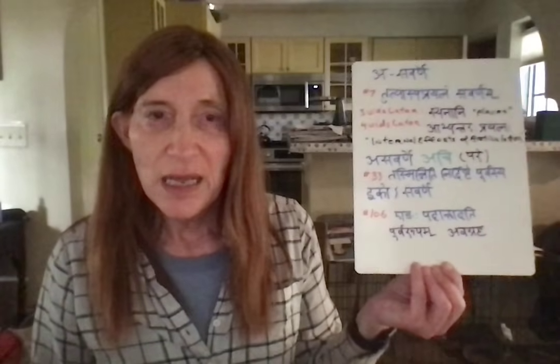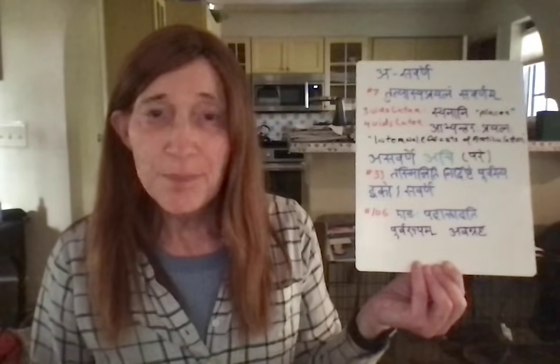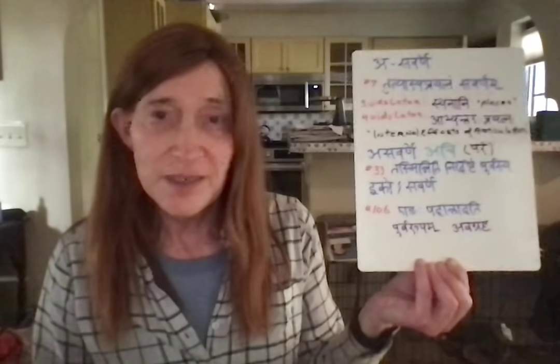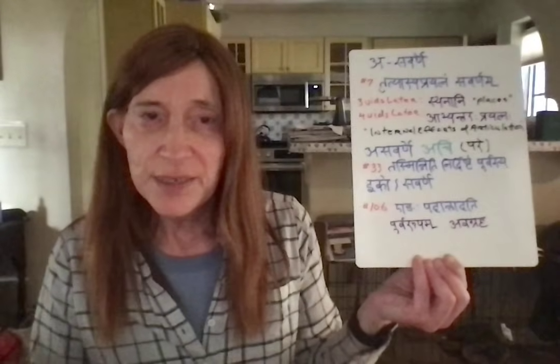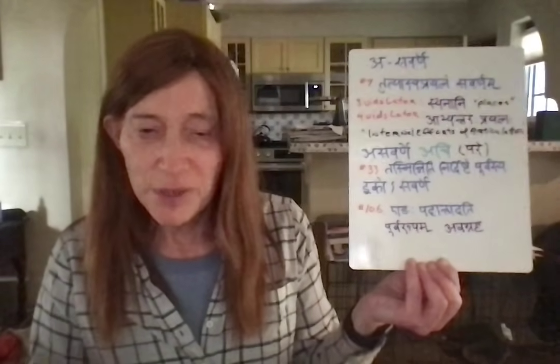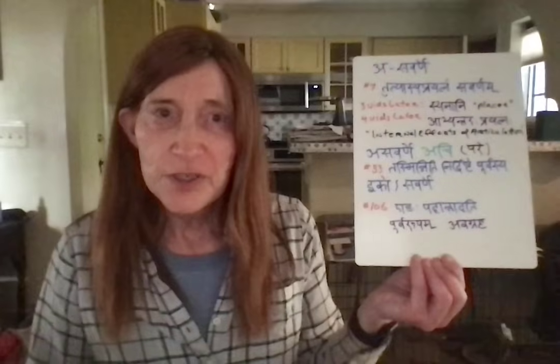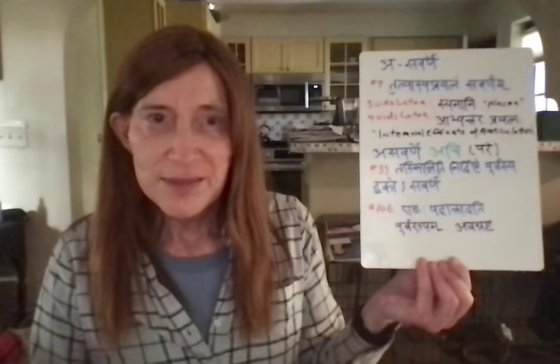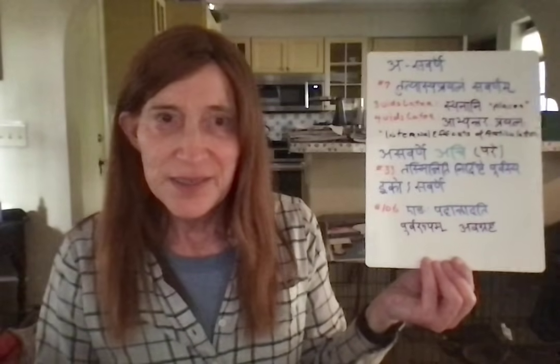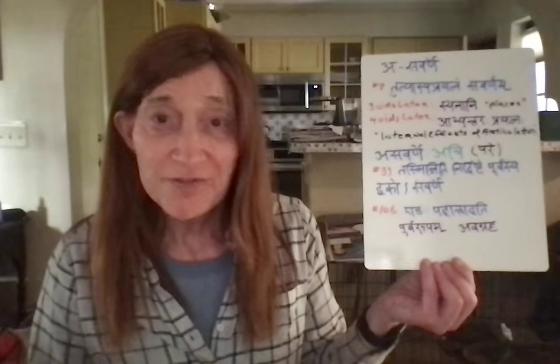Saptami has a special function in the grammar. When it's not being used for ordinary purposes, it refers to the preceding, or as we tend to say, when the thing in saptami follows.